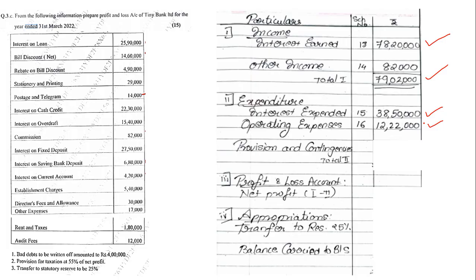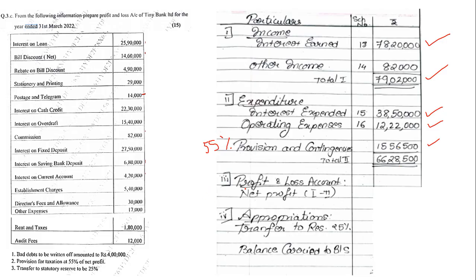When you take 55%, we get the value of provision, that comes to 15,56,500. Now you add up these three and we get our total expenditure, 66,28,500. Again, remember this was 55% of our net profit. Net profit was income minus the two expenditures. On that, take 55%, we got the provision. We add up all the expenditure along with provision and got 66,28,500.